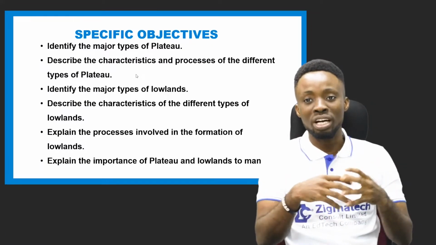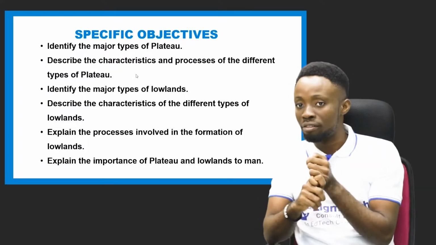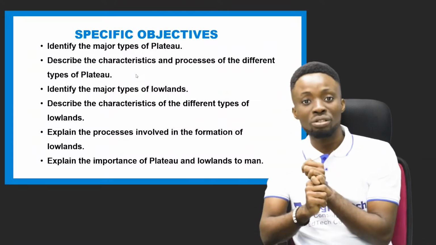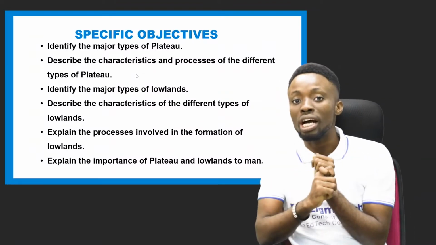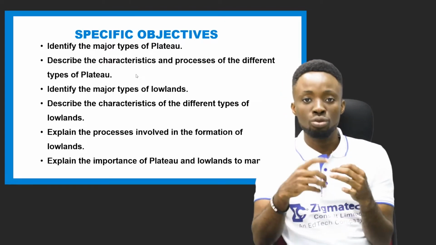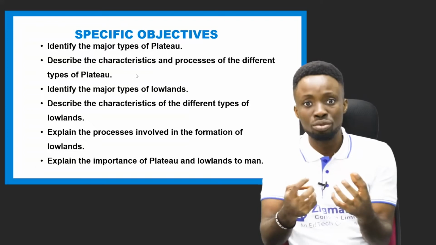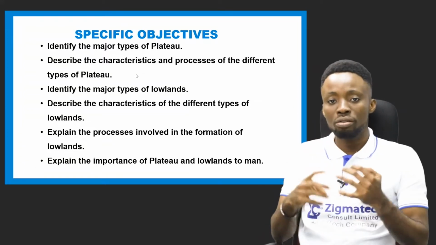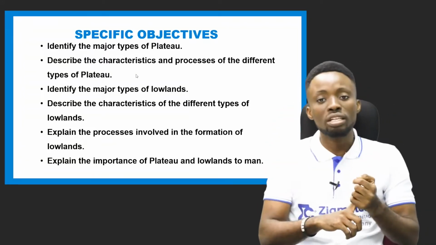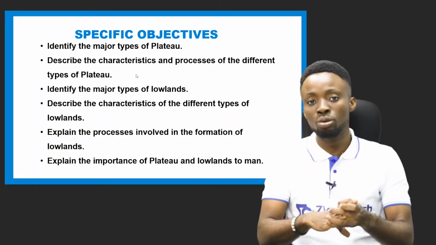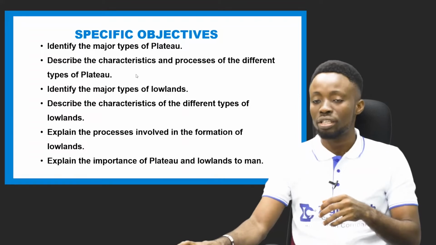And we'll also look at the lowlands we have and the meaning of lowlands. Then we'll look at the characteristics of the different lowlands we have in the world. And also we are going to look at the formation of some of these lowlands, for example, the plains. And then we'll look at the importance and benefits of plateaus and lowlands to man.